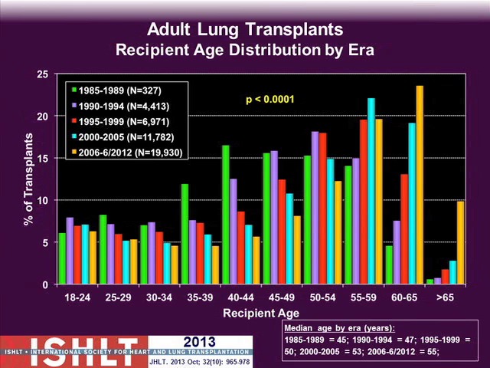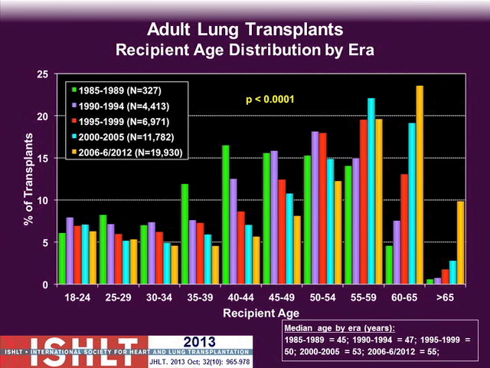The orange bars are the most recent era of transplant from 2006 to 2012. And steadily, that orange bar has increased when you're looking at older ages or more advanced ages from 60 and above and greater than 65. This has actually increased more than in any other era of lung transplantation.